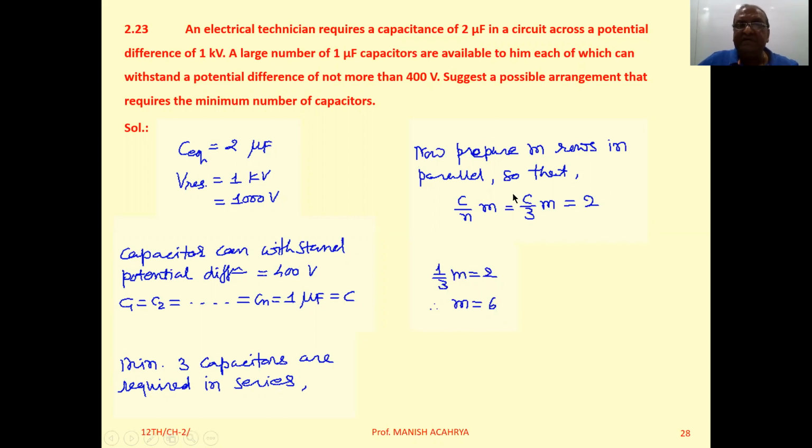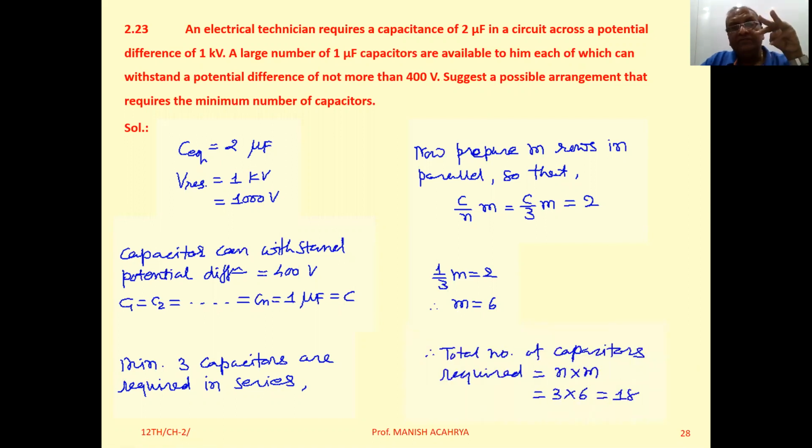Now each capacitor has value 1 microfarad. So C is 1. So 1 by 3 into m is 2. So m is equal to 6. Means we have to prepare 6 rows. Now we already discussed in each row there are 3 capacitors in series. So the total number of capacitors required is 3 into 6, equal to 18.